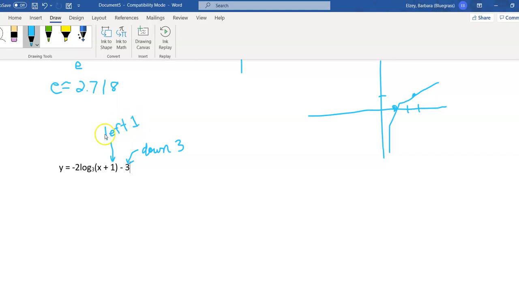Remember, if we had a negative in front of our function, that was a reflection across the x-axis. And then if we had a number that was greater than 1, that stretched the graph by a factor of, in this case, 2.